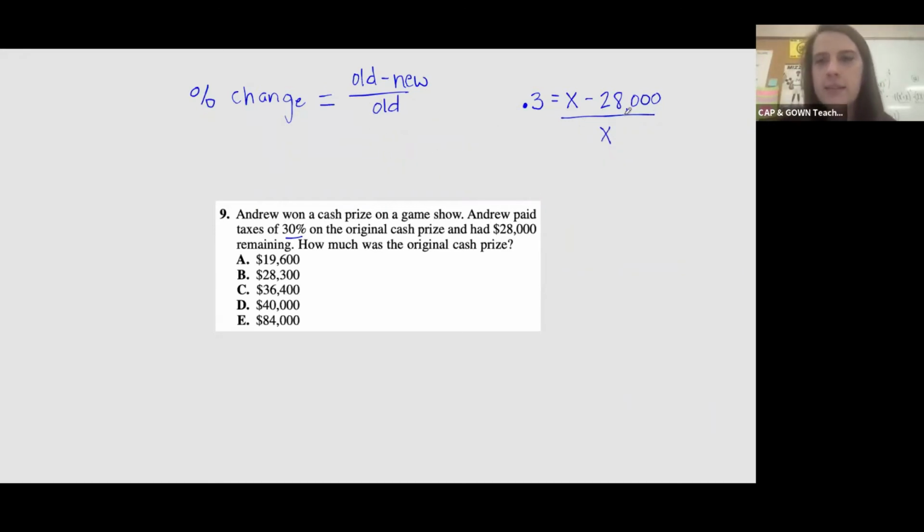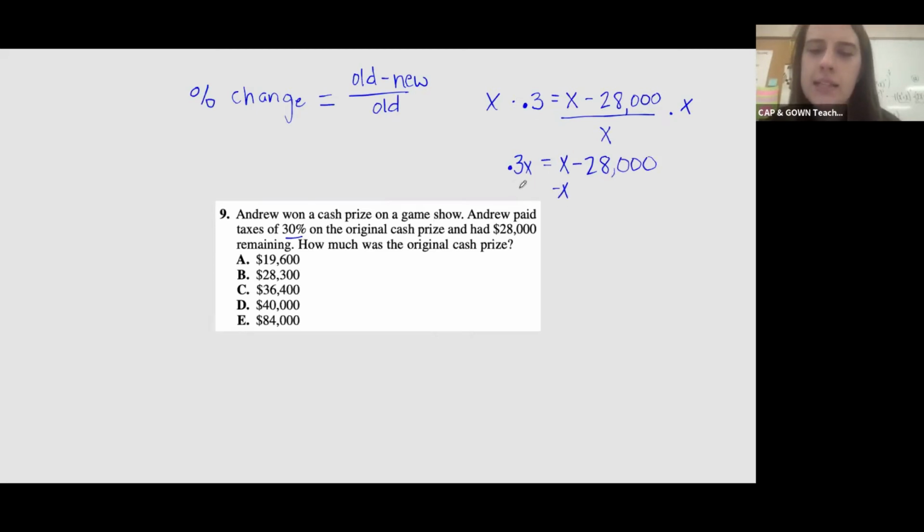Solving for x, I'm going to first get rid of my fraction by multiplying by x on both sides. So I have 0.3x equals x minus 28,000. Then I've got to get my variables on the same side.